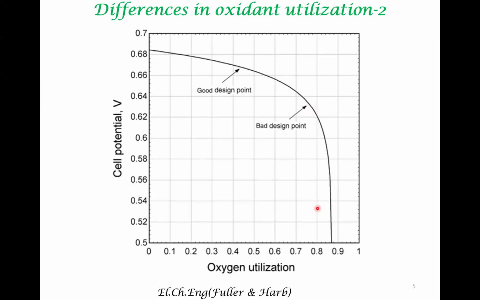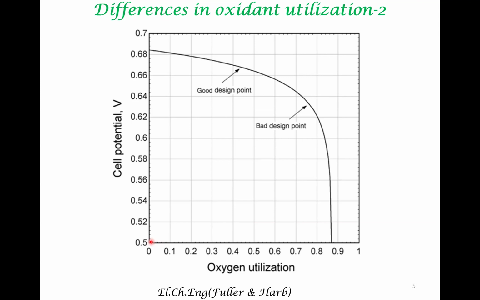So this indicates a point where the activation or transport overpotential has kicked in. In the region before it, you typically are under ohmic overpotential region. This is a good point to operate, where the utilization is moderate.